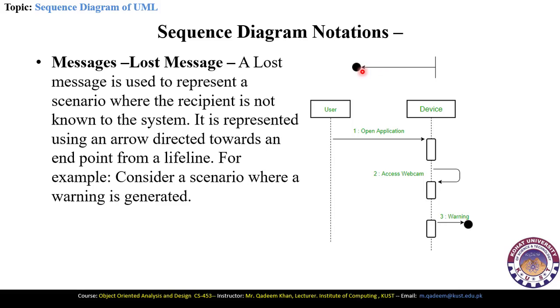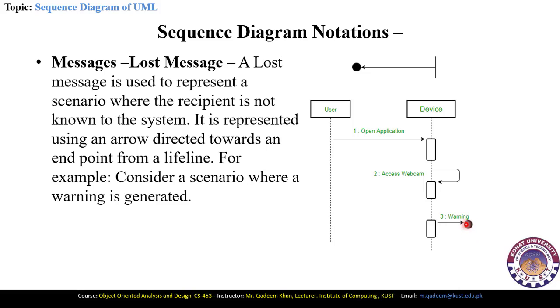So a lost message is used to represent a scenario where the recipient is not known to the system, that is, we do not know to whom this warning message has been sent. So it represents an arrowhead directed towards an endpoint from a lifeline.